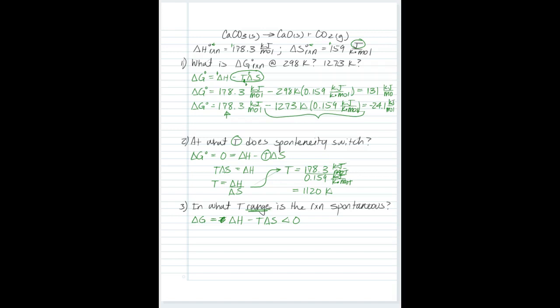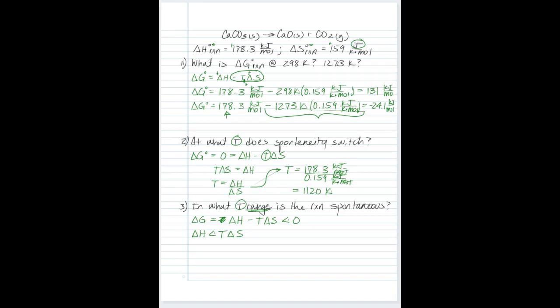So again, we're going to do a little algebra here and isolate temperature, because temperature is what we want. So we're going to add T delta S to both sides, retaining the direction of our inequality sign. Okay? Now I'm going to isolate temperature by, again, dividing by delta S.